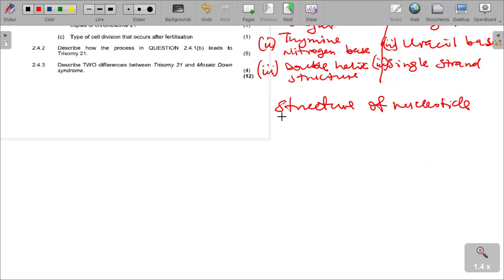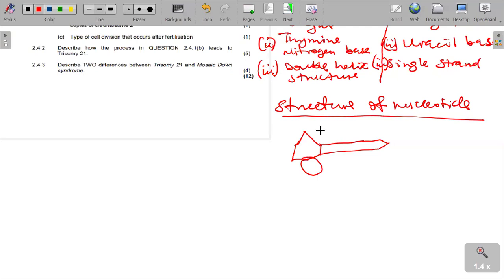Certain times you are asked to explain or identify it, so we must be able to understand this structure and what it looks like.